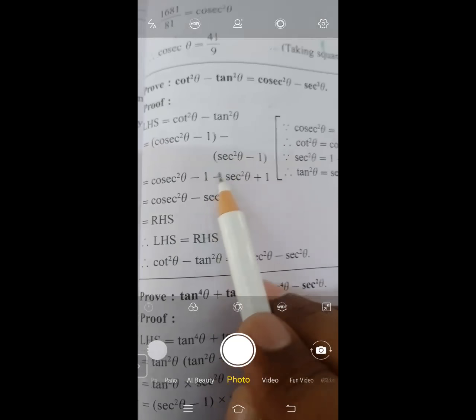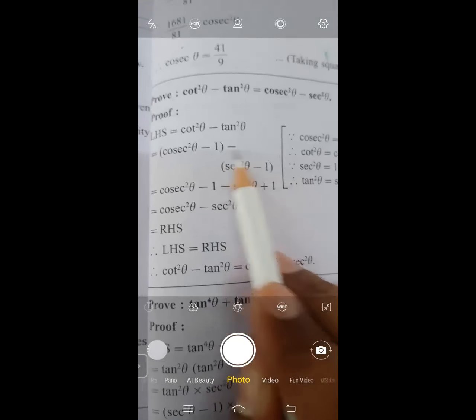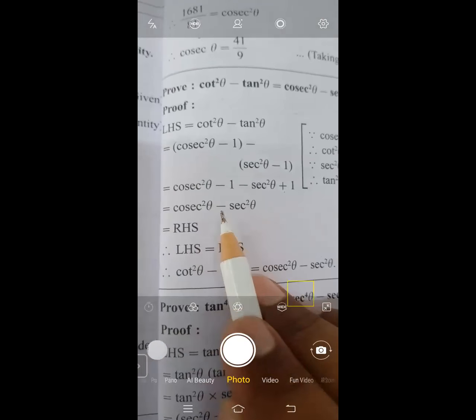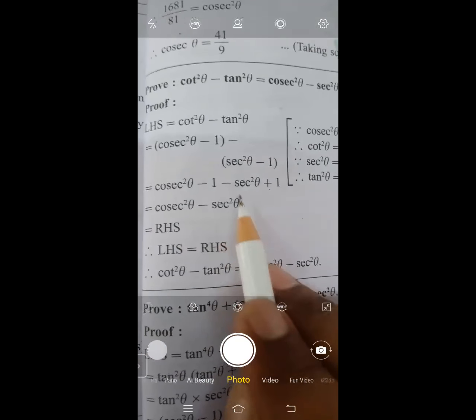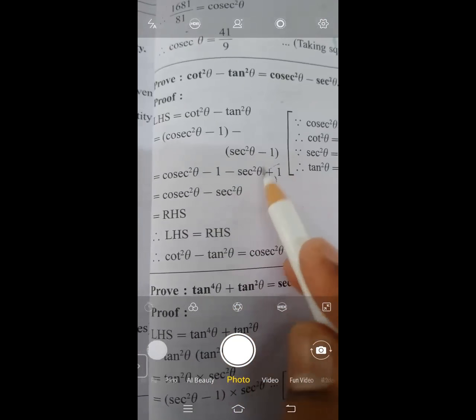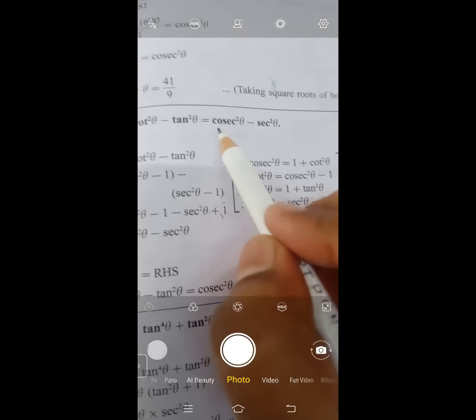So minus plus becomes minus sec square theta. Minus minus will become plus 1. So cosec square theta minus sec square theta. As this minus 1 plus 1 gets cancelled, whatever is remaining we have written, which is cosec square theta minus sec square theta.